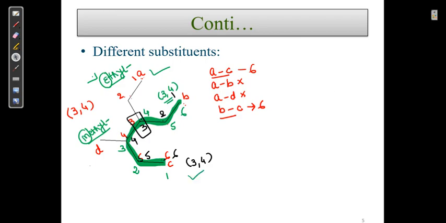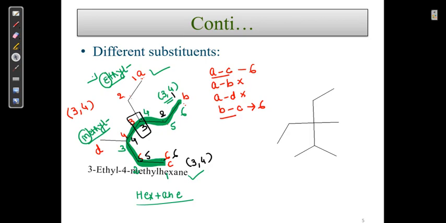So now you see 3-ethyl. So how is this constructed? What is the word root? Word root is hex plus ane. Okay, that story is over in case of this green color. So what is remaining? The remaining thing is this one. I show you, one minute. I show you the remaining thing.